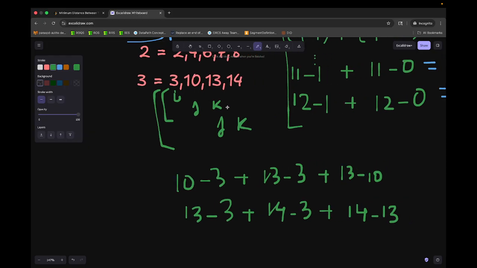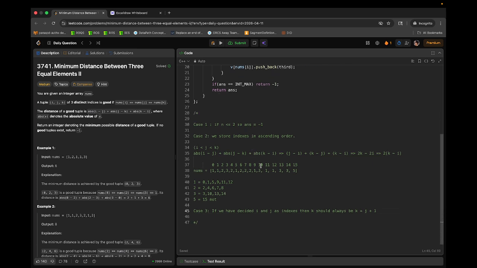This sum will always be less because the elements are closer here. If we select farther elements, it will always be a higher sum. So if we have i decided, then j should be i plus 1 and k should be j plus 1. So all our three indexes should be together.